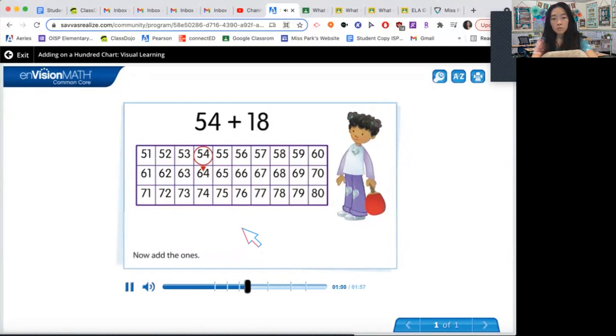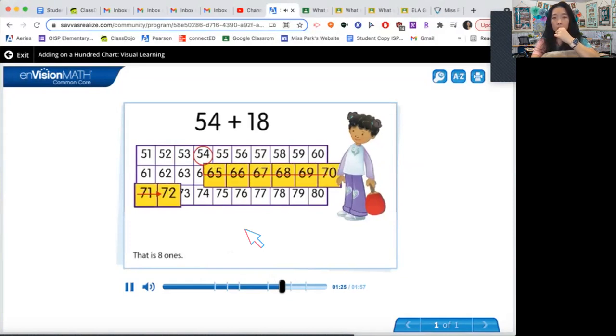Now add the ones. Start at 64. Move 8 to the right to show 8 ones. How many spaces to the right is 72? 72 is 8 spaces to the right. How many ones is that?